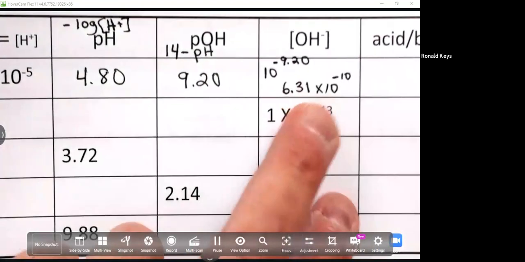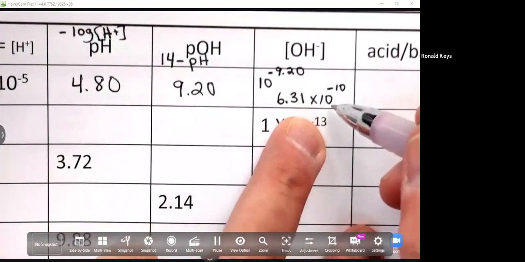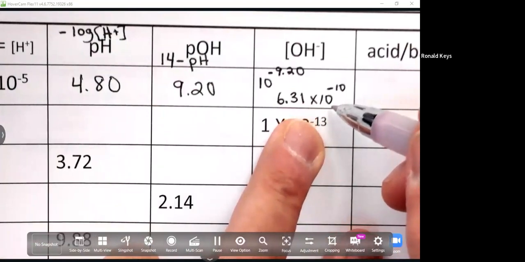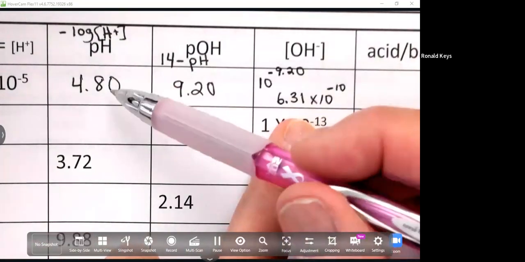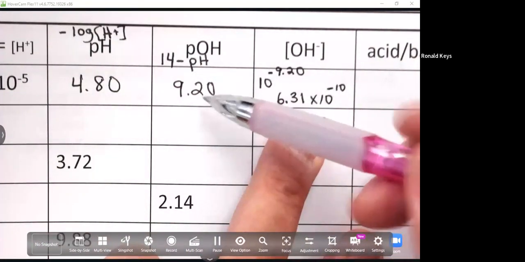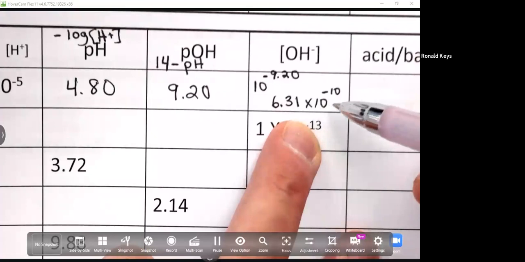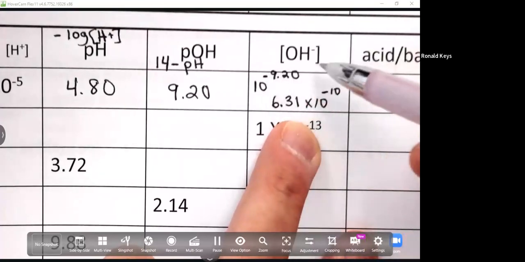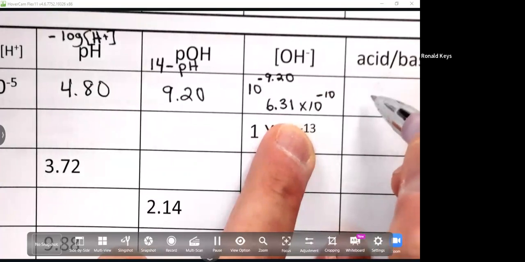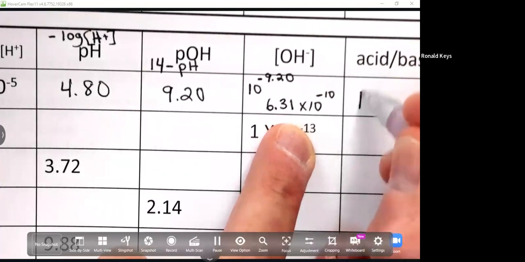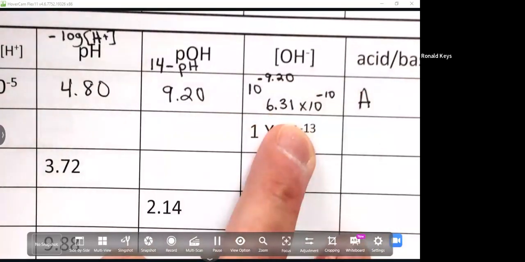If you did it the other way, it would be much more accurate, because we're losing some numbers here. This 4.80 is rounded, which makes this rounded. This is off a little bit. Is this an acid or a base solution? You've got an acid with 4.8, right?